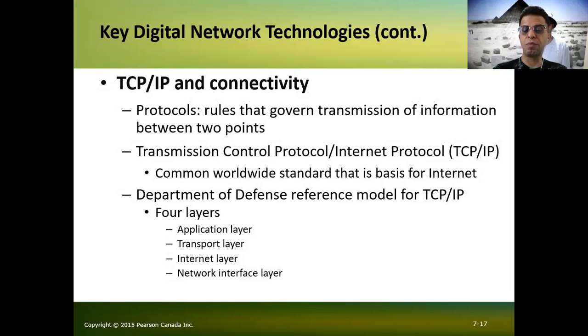TCP/IP is a commonly used worldwide standard, the base for the internet. It was first developed by the Department of Defense, with reference to a model of four layers: the application layer, the transport layer, the internet layer, and the network interface layer.